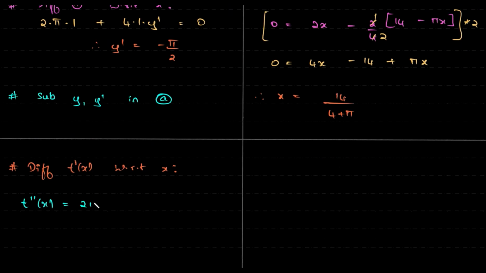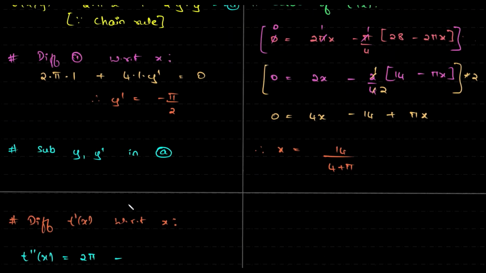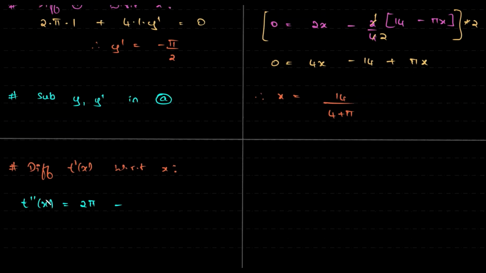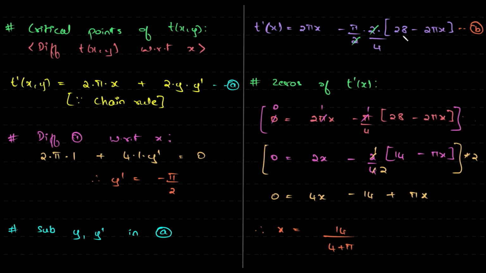Anyways, that I'll use minus. So if I multiply this, pi minus pi by 4. Okay, you know what? First, let me copy this off. So this would be 2 pi x minus pi by 4 into 28.